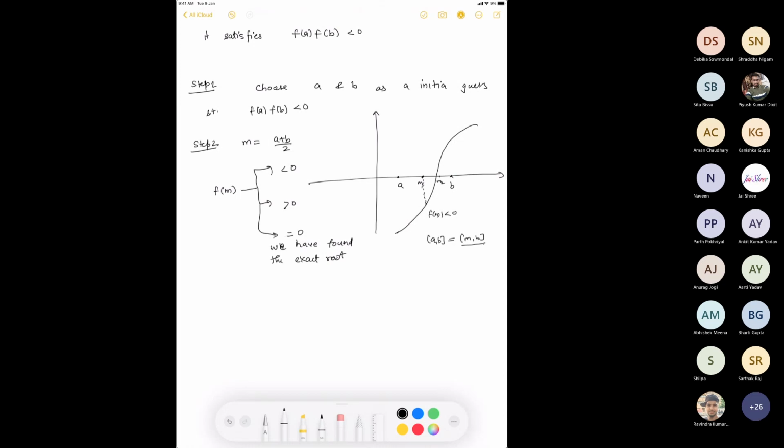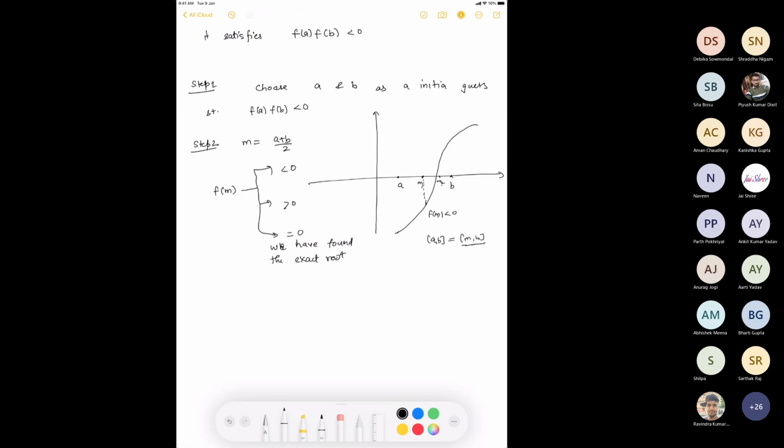So let's call it M1, M2. Okay, and again, I will check the sign of the function at M2. And if it is positive or negative, again, similar cases will arise. If it is 0, then of course we have found the real root. And if it is not 0, then it is going to have a sign.